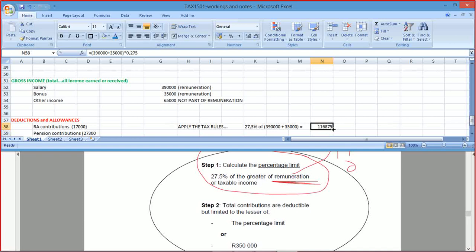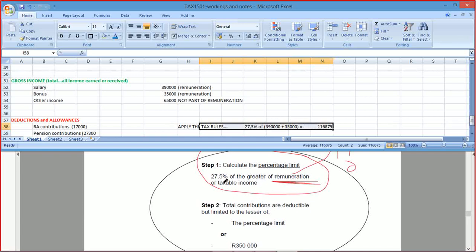That gives me 116,875. That's 27.5% of her remuneration, which was the bonus and the salary, 390,000 plus 35,000.